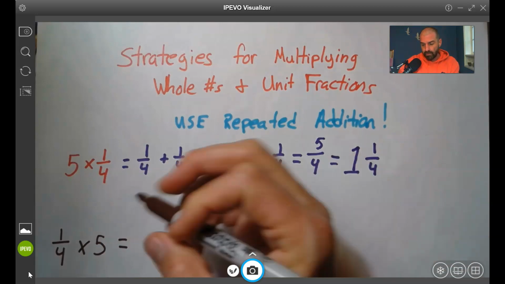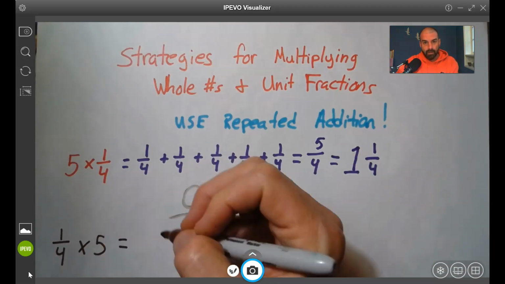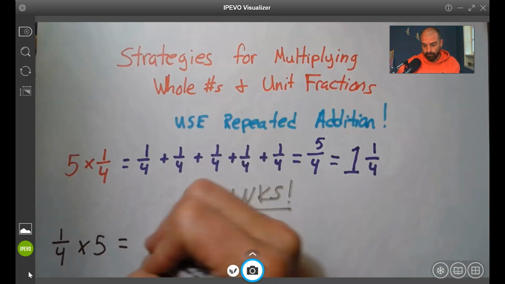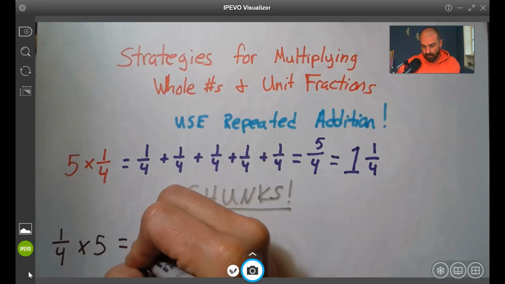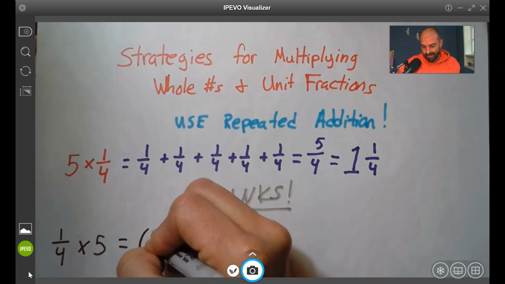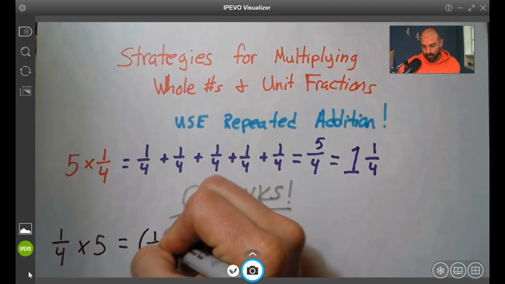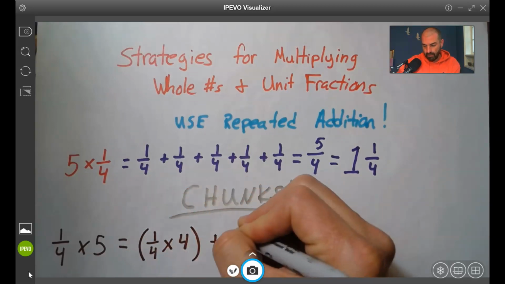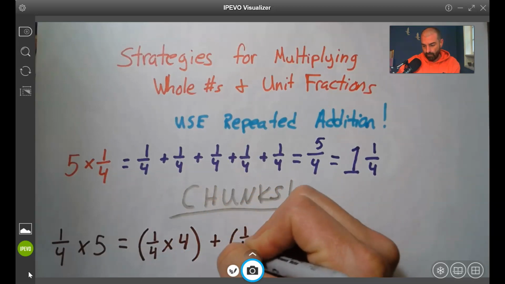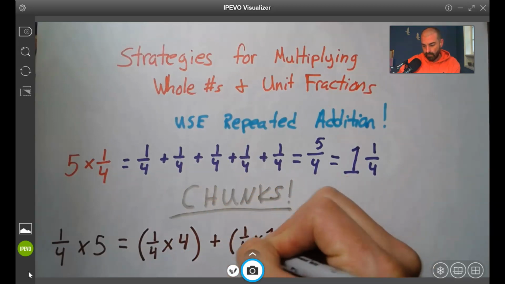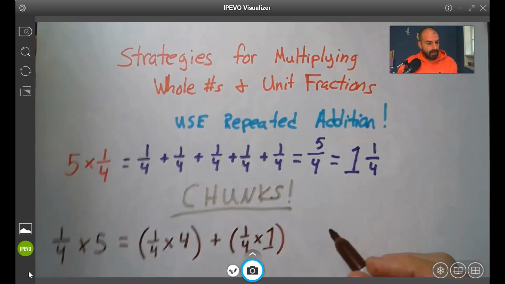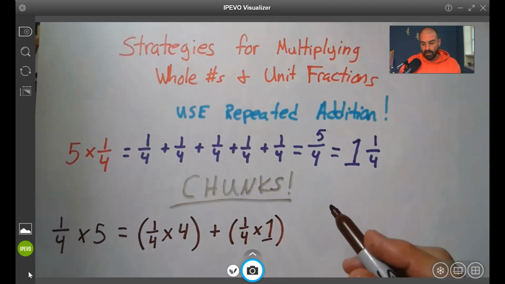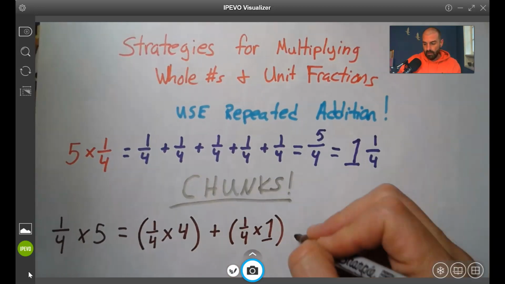So what you can do is break your whole number into chunks that make it easier to think about. So I can say that 1/4 times 5 is the same thing as 1/4 times 4 plus 1/4 times 1. Those are equal. How does that help me out?